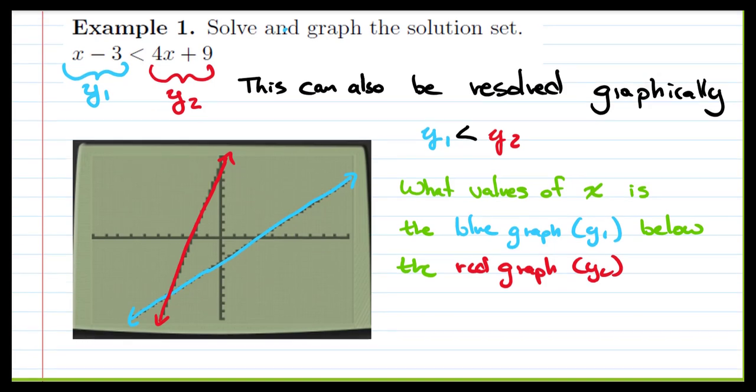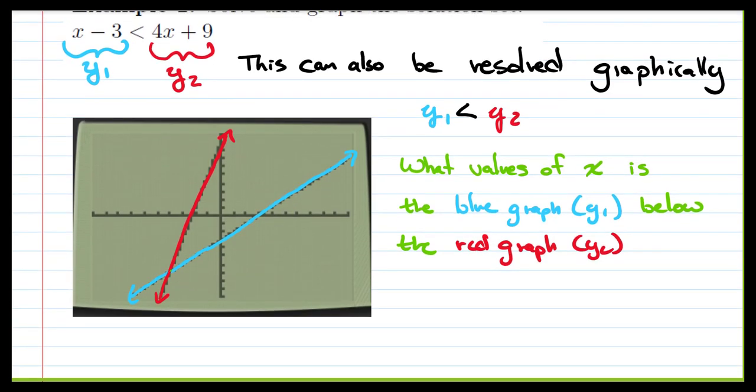But remember, we're looking for the x values. So they intersect right here, and using the eyeball metric, it looks like it's at about x equals -4.